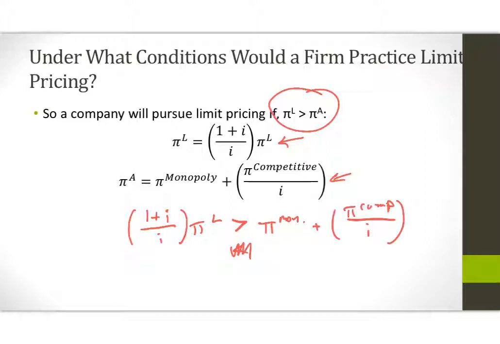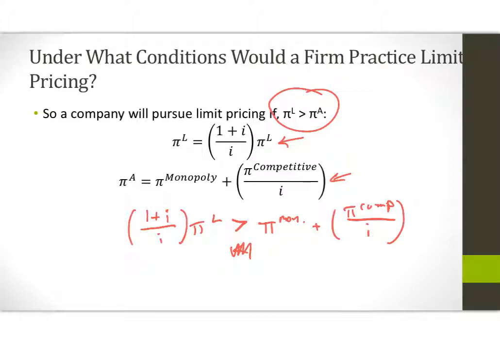So in order for them to limit price, we need the thing on the left to be greater than the thing on the right. Well, what's going to determine that? We said monopoly profit is greater than limit profit, which is greater than competitive profit. Well, how close are they? If monopoly profit is huge relative to both limit and competitive, and especially if limit and competitive are really close together, then they're never going to limit price.